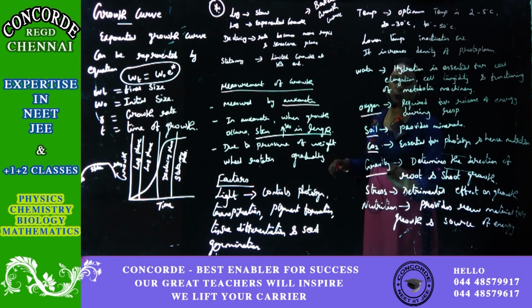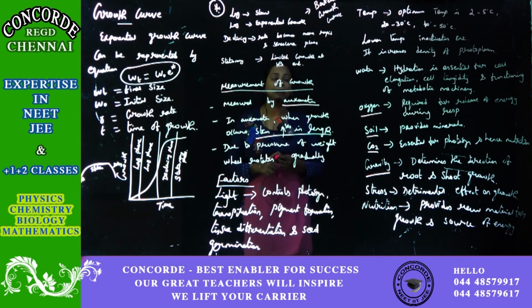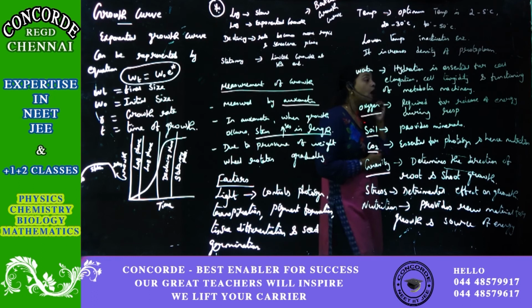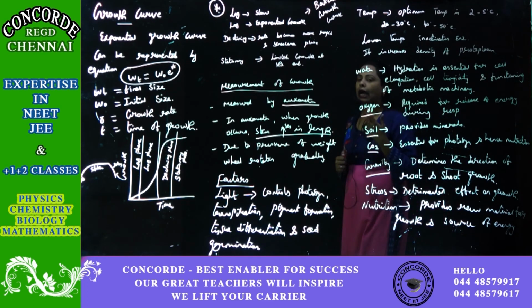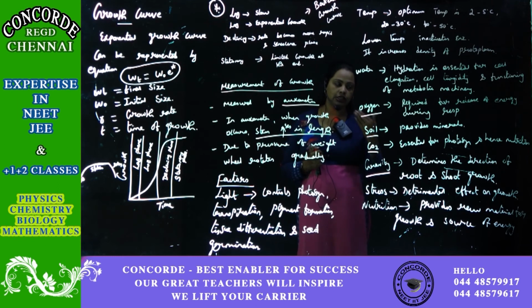Next, we move on to gravity. As you know, gravity is the focal point when we talk about balancing. It determines which direction a shoot or a root will grow. So gravity is essential, as it determines the direction of root and shoot growth.